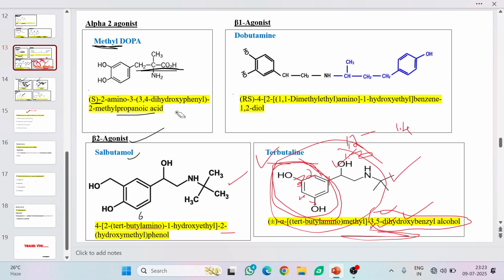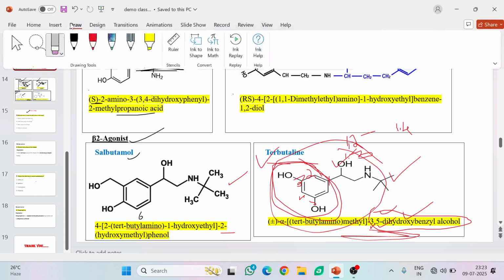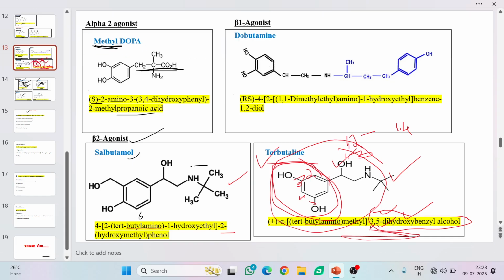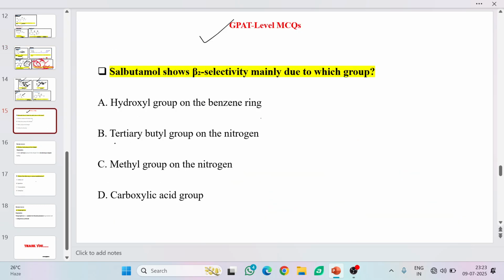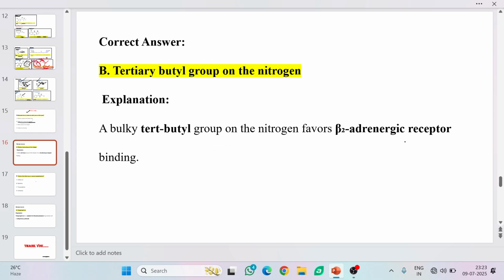So beta 2 selectivity of salbutamol is due to, look at the structure, this tertiary butyl. We also saw in SAR that because of this tertiary butyl there is beta 2 selectivity. So the second option, tertiary butyl group on nitrogen. This tertiary butyl group mainly favors the beta 2 adrenergic receptor binding.